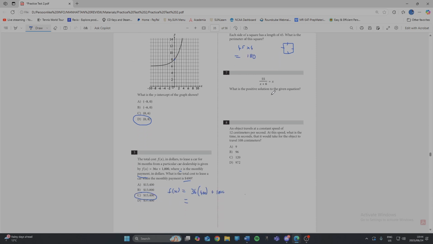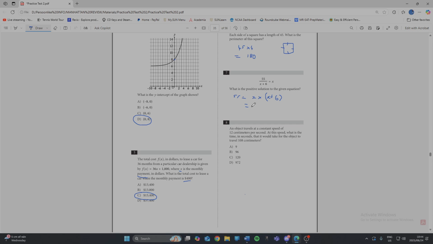Okay. For 7, it is our first real kind of calculation. For 7, we would take this x plus 6 that is in the denominator over to the right hand side. So this would become 55 equals x, and then times x plus 6.